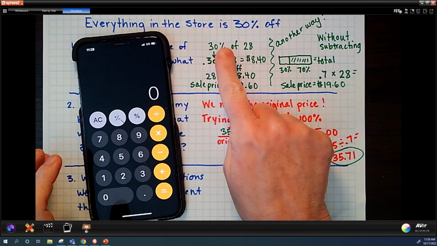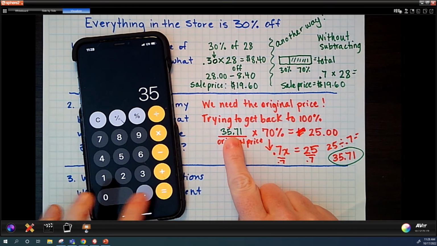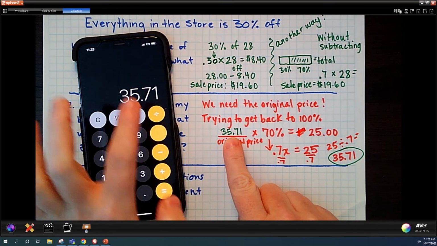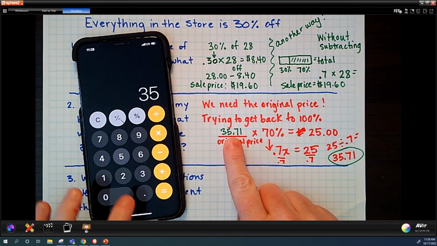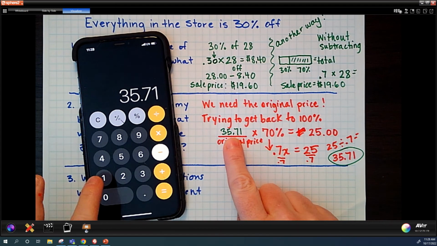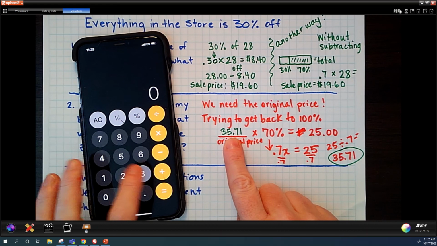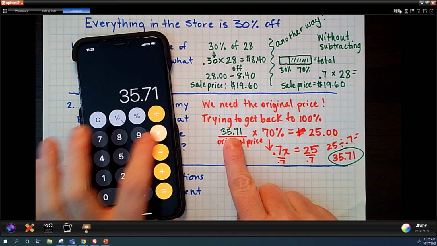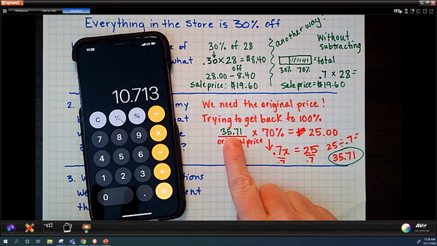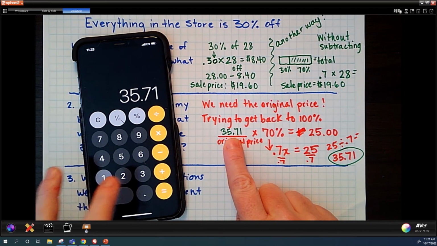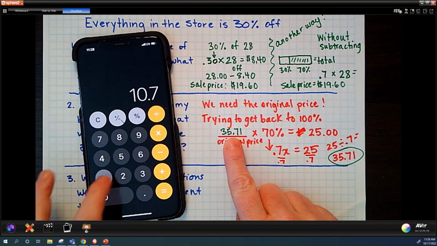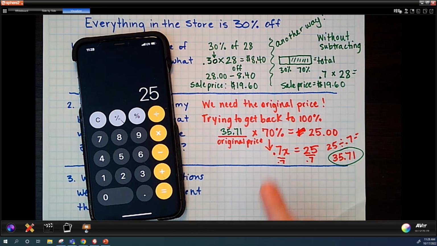Now let's try it this way. $35.71 times 30%, that's my discount, so I'm going to take off $10.71. $35.71 times 0.3 is $10.71. $35.71 minus $10.71 is 25. Boom. So it works.